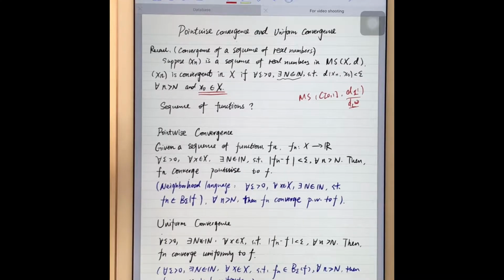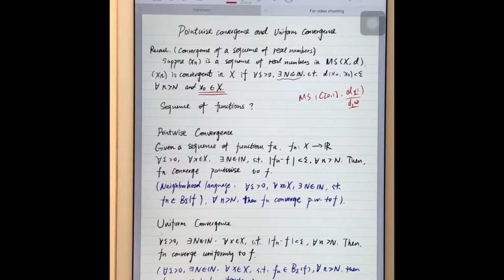It depends on what distance function the metric space is based on. So this is what we call convergence of a sequence of numbers or functions.